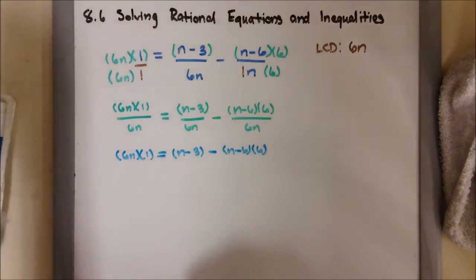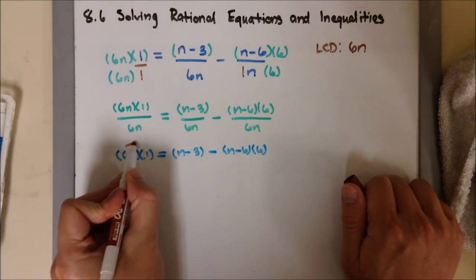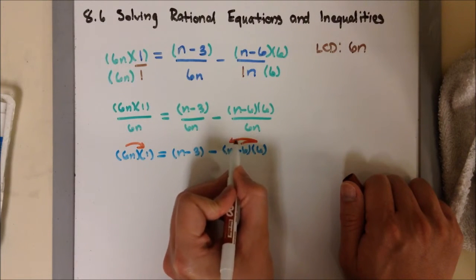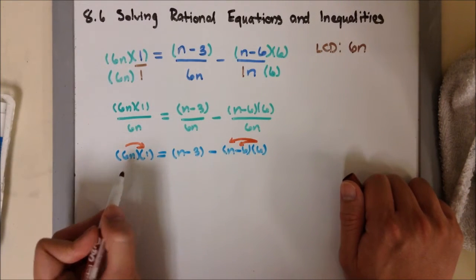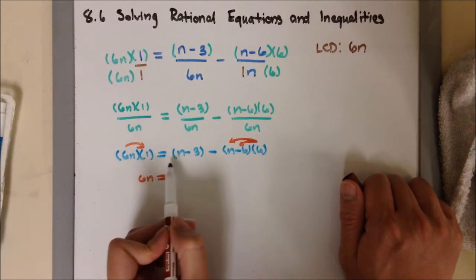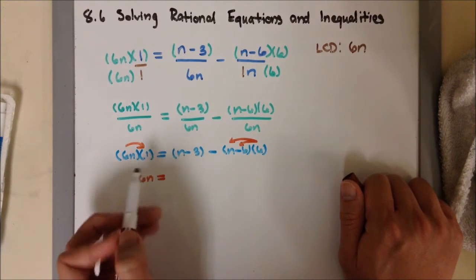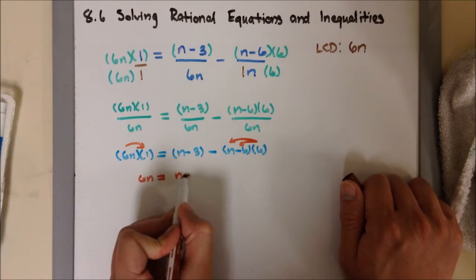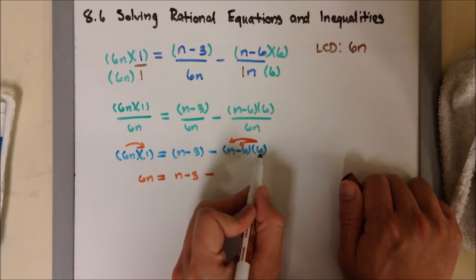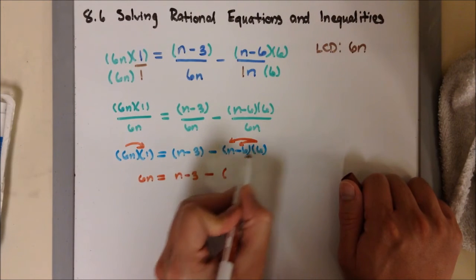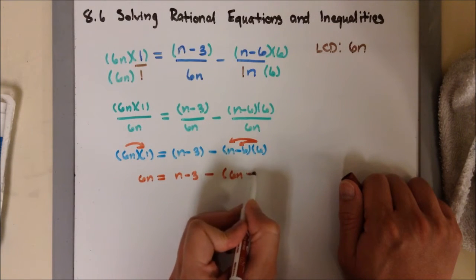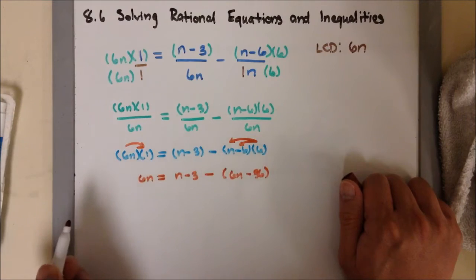So I'm going to do 6n times 1, and over here I'm going to distribute my 6 first. On the left side, 6n times 1 is just 6n. For this part, since I don't have anything to distribute, I'll just write what's inside and ignore the parentheses, and write my minus, because I want to distribute my 6 first. So it's going to be 6 times n, 6n, 6 times negative 6, negative 36. And again, I still have my parentheses.